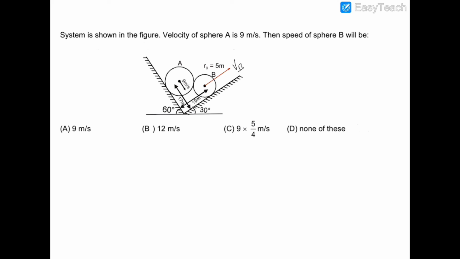Now we have to draw the normal to the contact, and the normal will be like that. And if I draw a triangle, it will be like that. Okay, I'm drawing this triangle again, amplifying it.